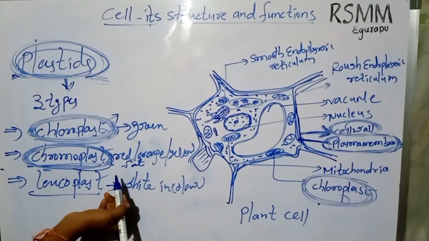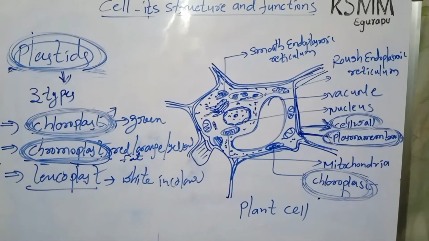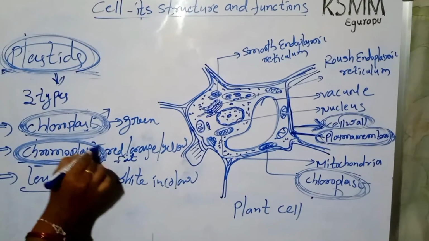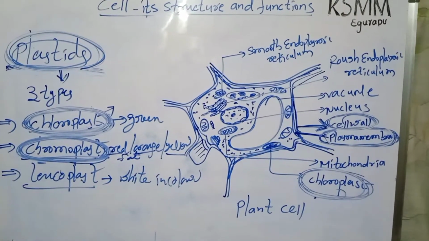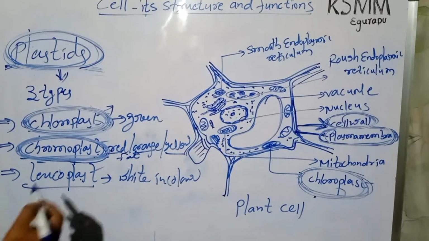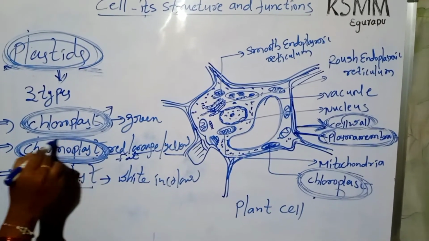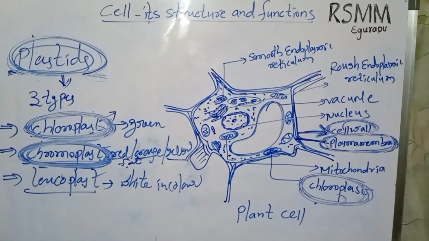These are present in fruits, flowers and are responsible for their colors. So generally we are observing the red color, orange color, yellow color in tomato, orange and the red chili, green chili. So in that chromoplast is present. These are fat soluble pigments.